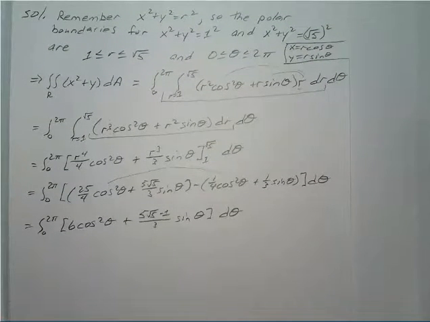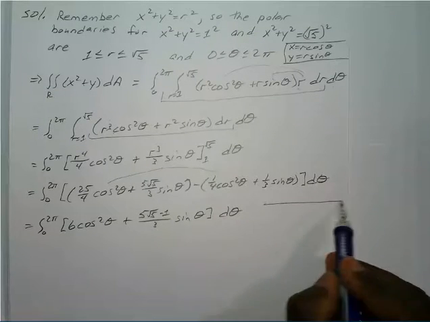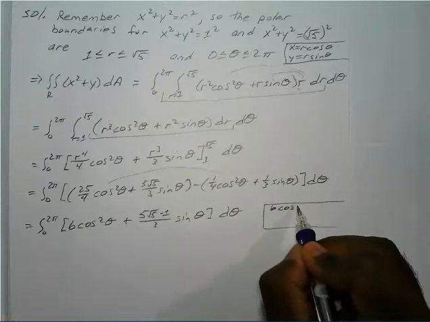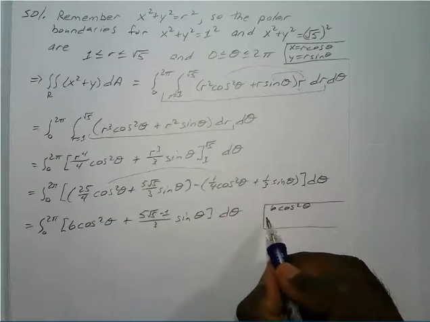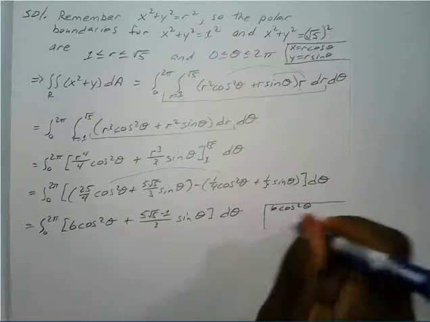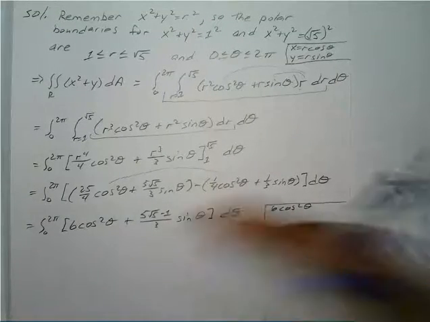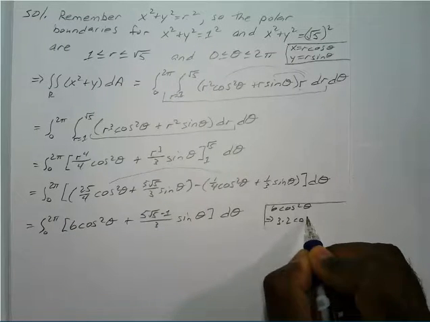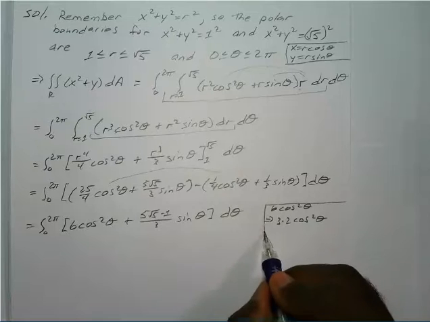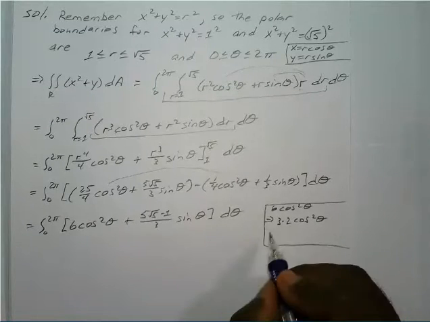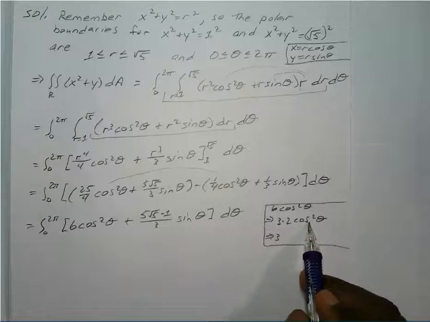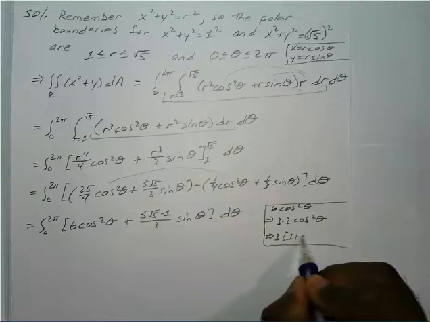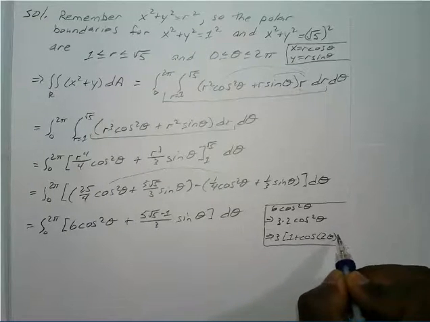Alright. Now, remember your trig identities. We can make 6 cosine squared of theta into 3 times 2 cosine squared theta, and 2 cosine squared of theta is just 1 plus cosine 2 theta using our trig identity.